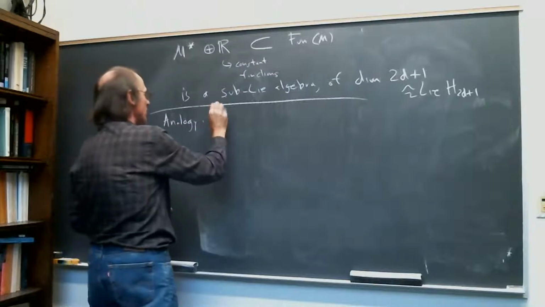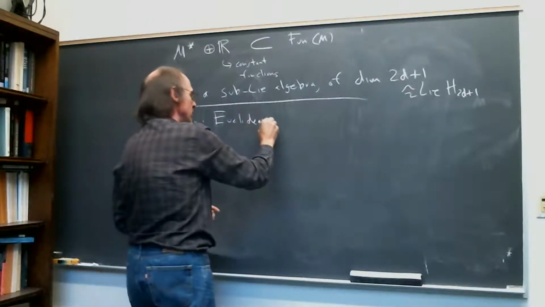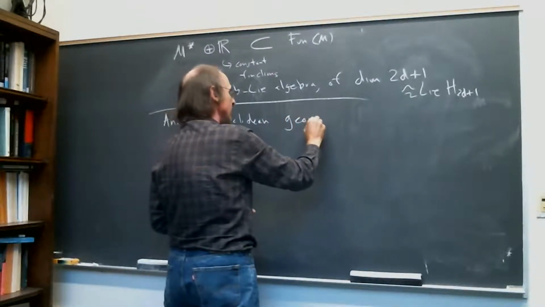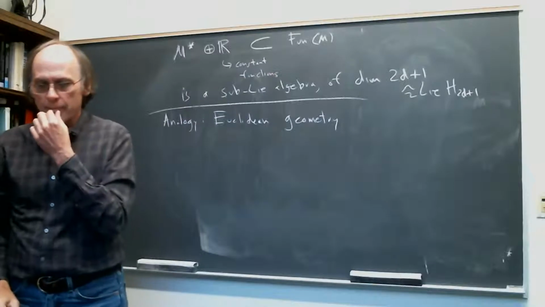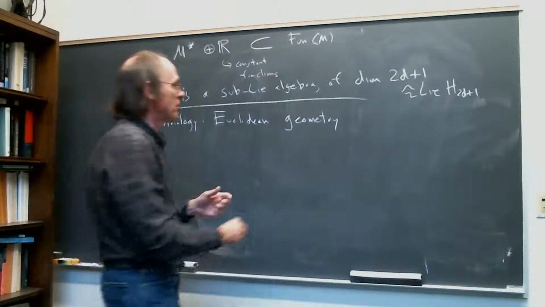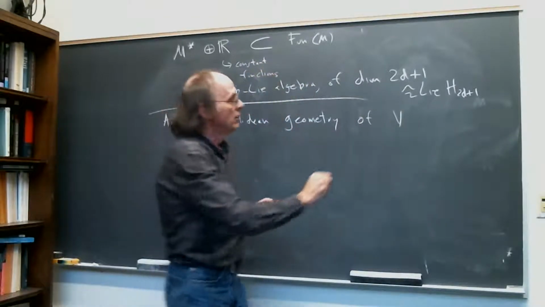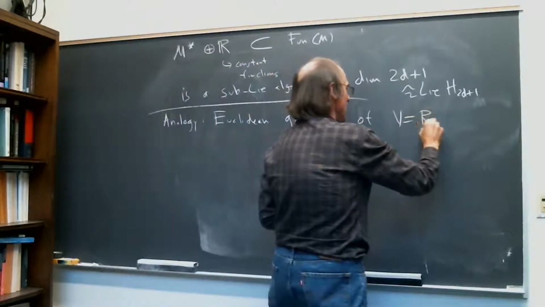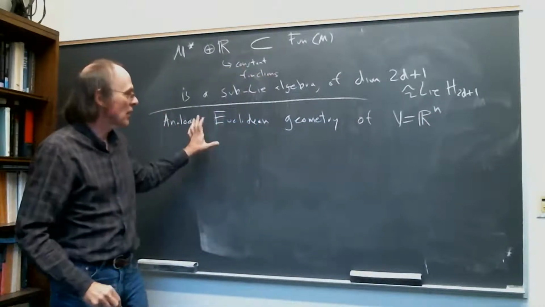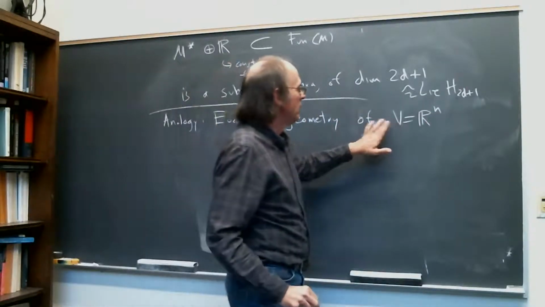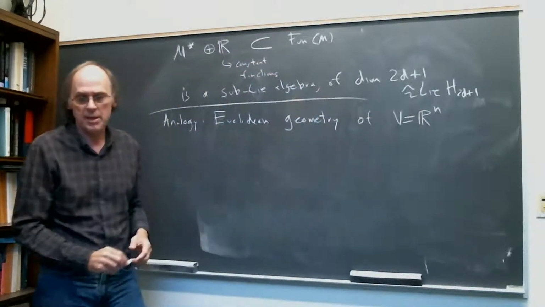Recall that in Euclidean geometry you've got a vector space, which is called R^n, but there's more structure on the vector space.